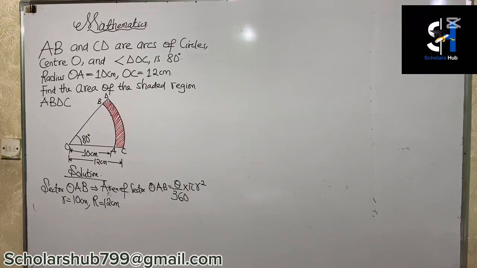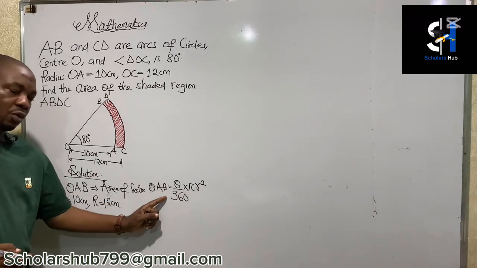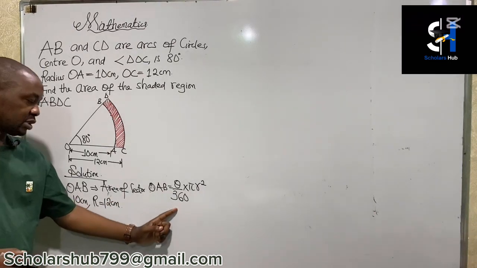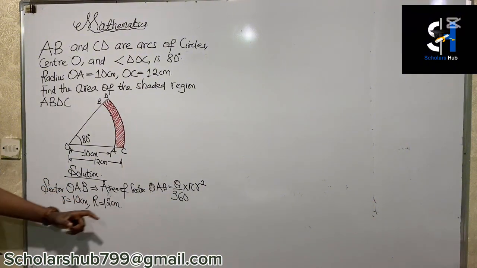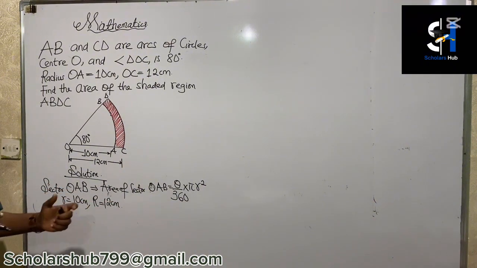So the area of sector OAB is theta over 360 multiplied by pi r squared. Let's get the area of sector OAB.